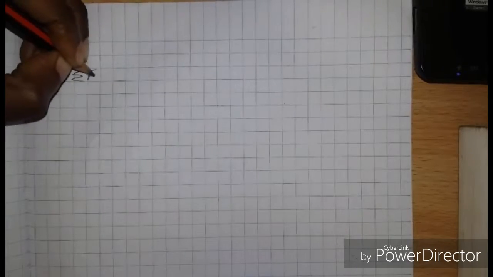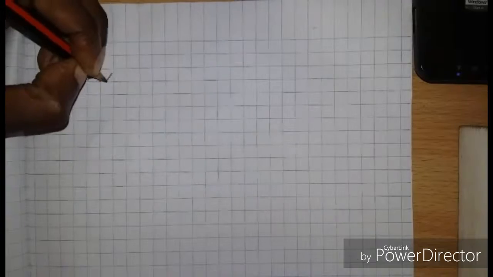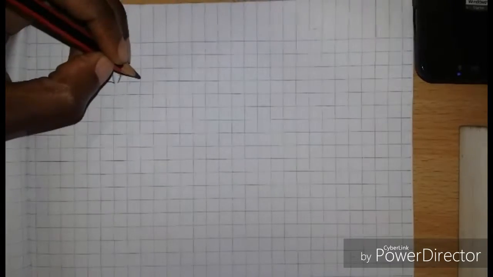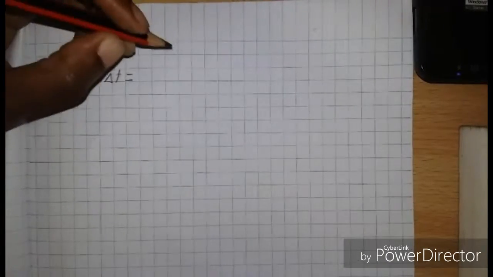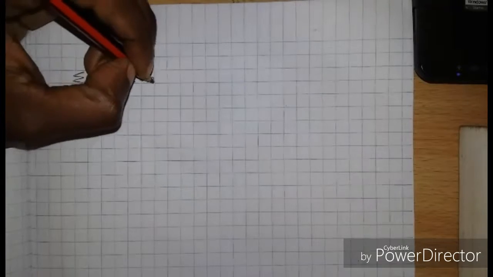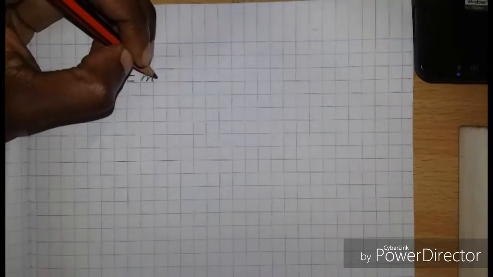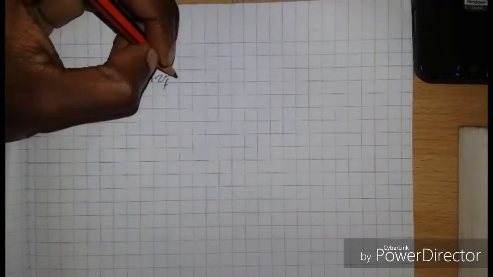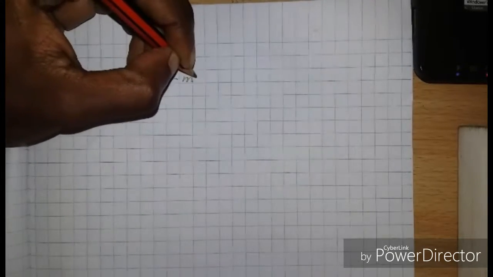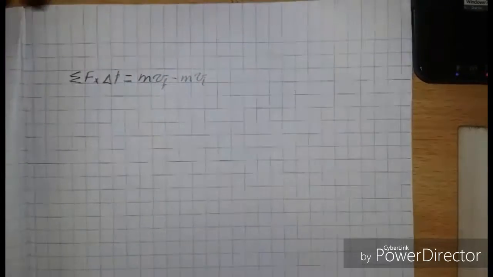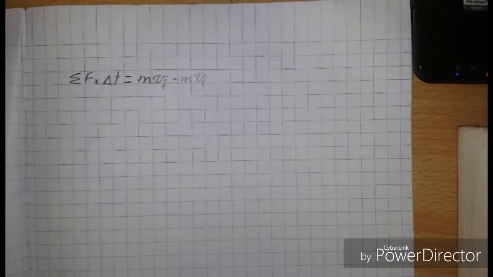Okay, now to solve the problem, we know that the formula for impulse is the sum of force times the difference in time is equal to the mass times the final velocity minus the mass times the initial velocity.